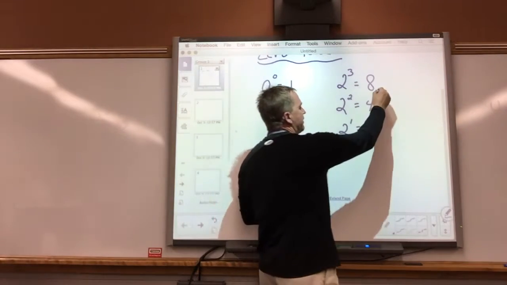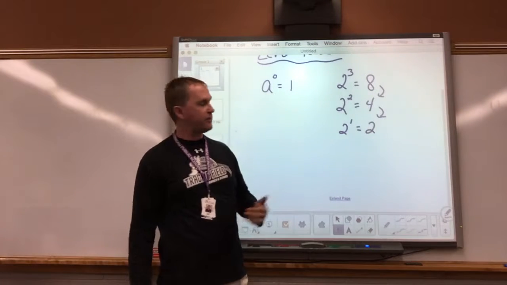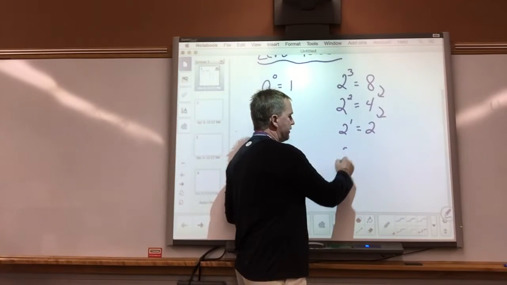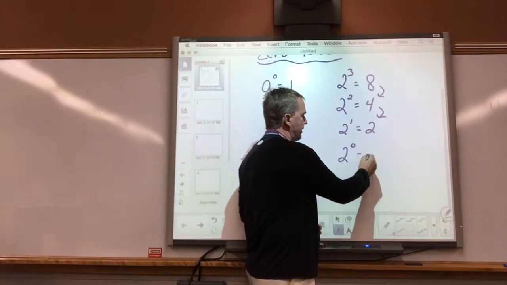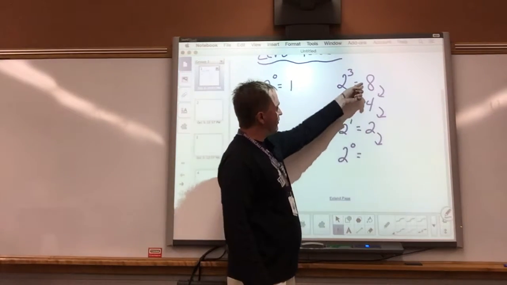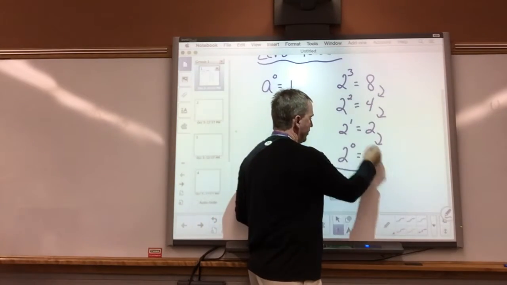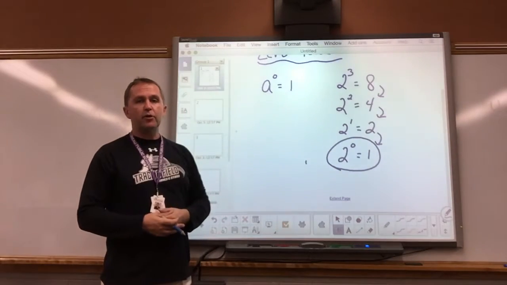And as we go from 8 to 4, or from 4 to 2, we're cutting in half in each case. So the next number in the pattern should be 2 to the 0. To get that, I should cut this number in half, because I've gone from 8 to 4, from 4 to 2, so I should go from 2 to 1.